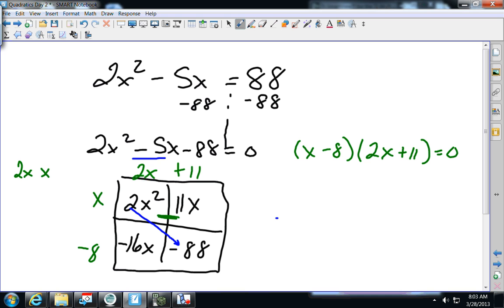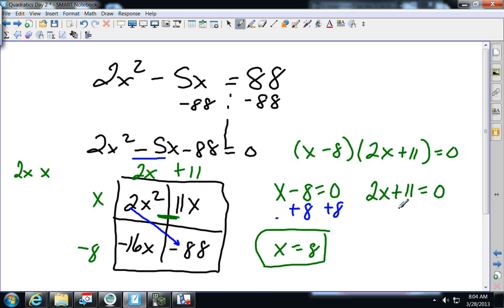To find my zeros, meaning where they cross the x-axis, I will take x minus 8 and set it equal to 0, and 2x plus 11 and set it equal to 0. So I add 8 to each side. One of my zeros is 8.